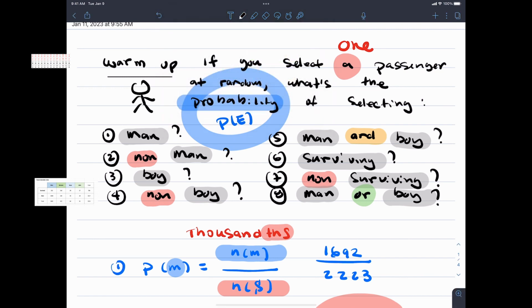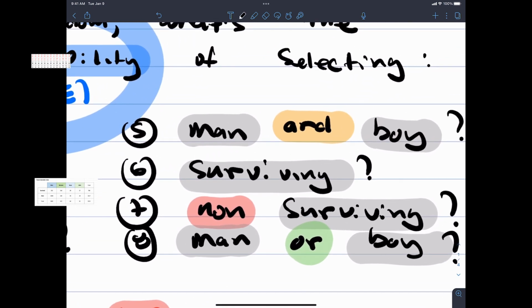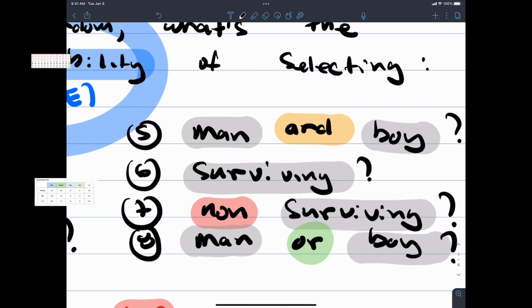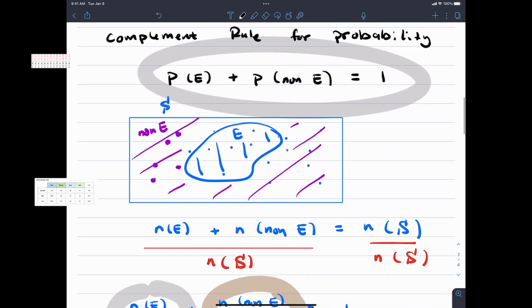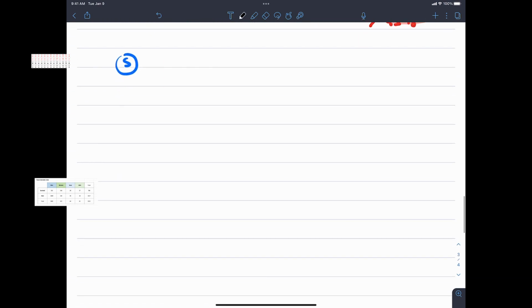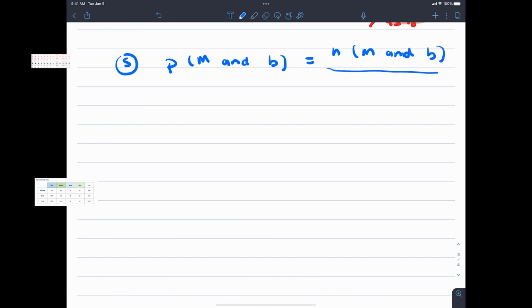There's a passenger. They want to know what's the chance that passenger is a man and a boy. So number 5. The probability you select a passenger, it's a man and a boy, then that's the number of men and boys out of the total number of passengers. So this is my definition.